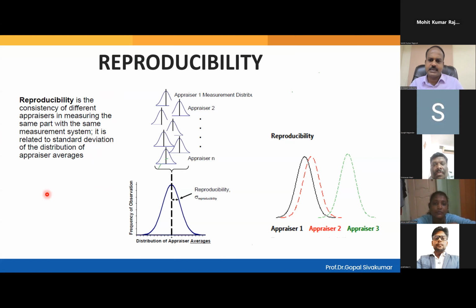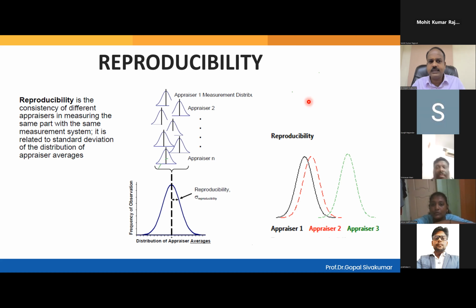Appraisers are nothing but the data collectors. The person who is collecting the data is known as an appraiser. If there are multiple appraisers collecting multiple readings, then my average, I am one of the appraisers and you are another appraiser, my average is compared against your average. If both of us maintain the same average, we are agreeing to each other, isn't it? If my average is different and your average is different, now there is a disagreement. We call it reproducibility error.